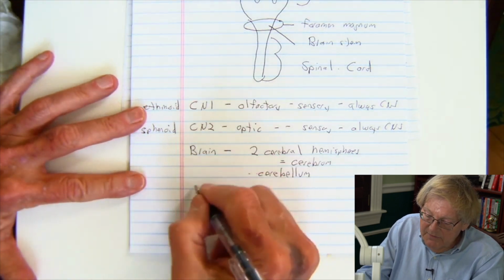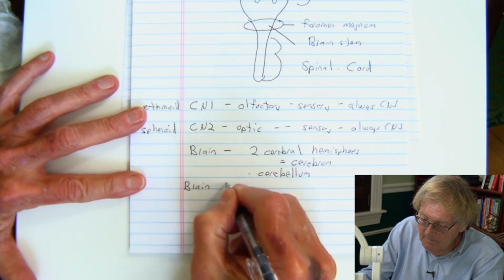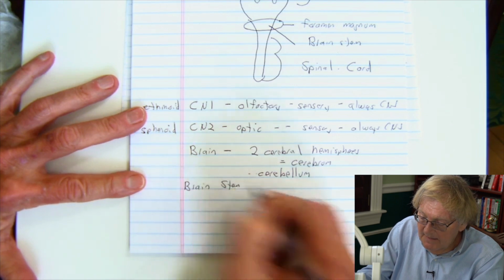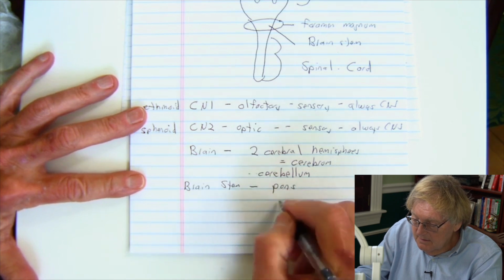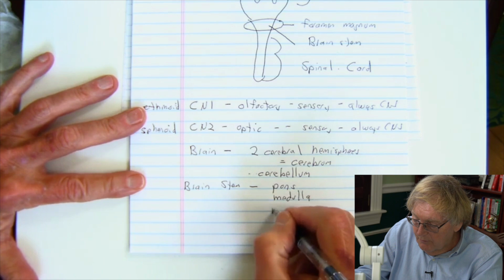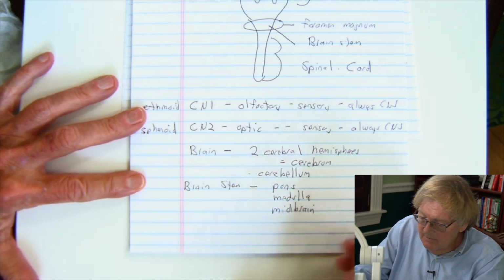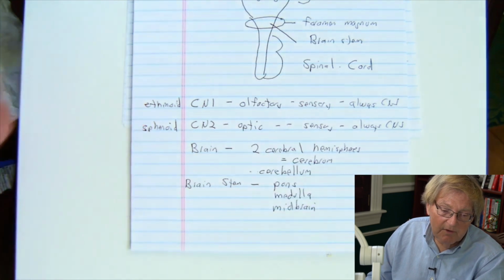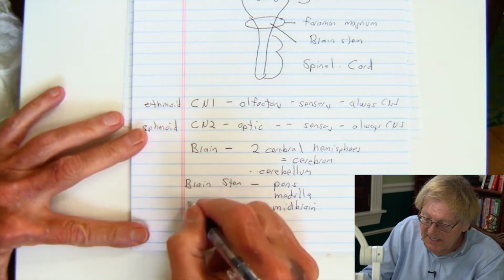When I'm talking about the brain stem, that's going to be made out of the pons, the medulla, and the midbrain. So those are your portions of your brain stem. Remember, those are what are called the vegetative brain.